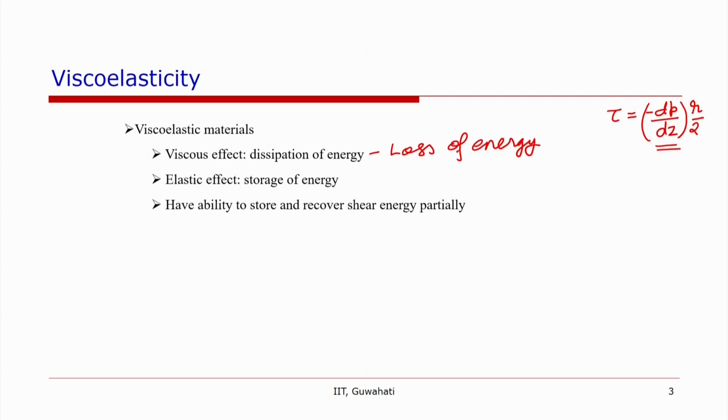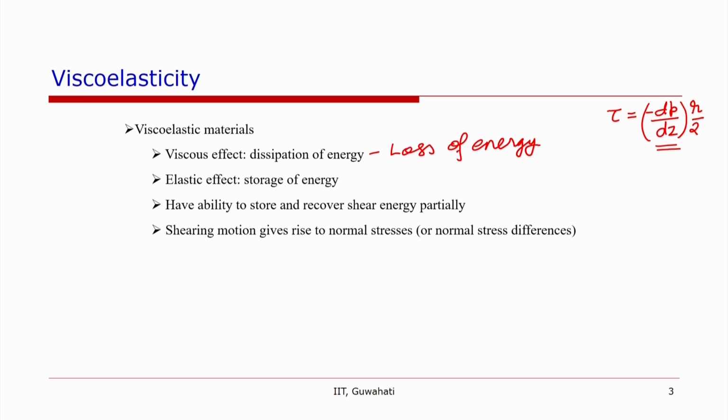Because a viscoelastic material shows both viscous and elastic effects, it has the ability, like elastic materials, to store and recover the energy, but not completely, only partially. So, they have the ability to store and recover the energy partially, and some part of the energy is lost.